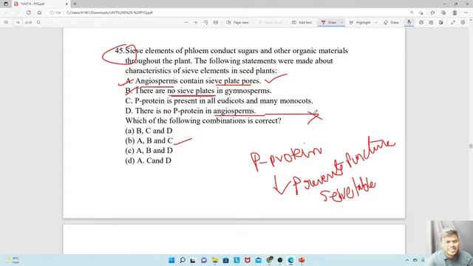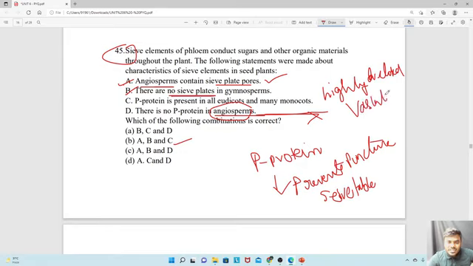Why? What is the reason? Because, friends, angiosperms are already very highly modified structures. You all know they have a highly developed vascular system, which we read in our 11th standard also. In the gymnosperms, there is a poorly developed vascular system.